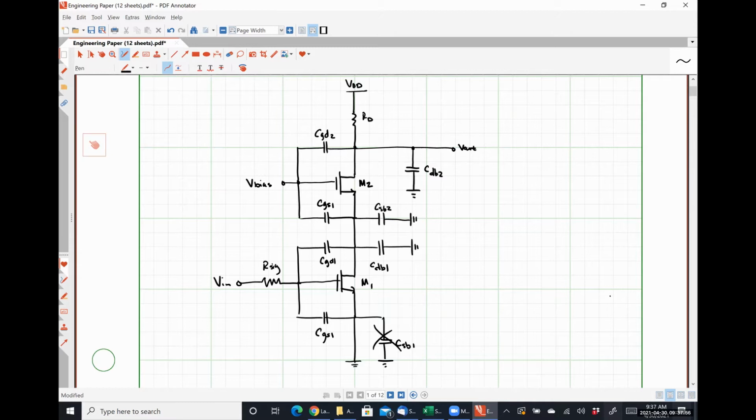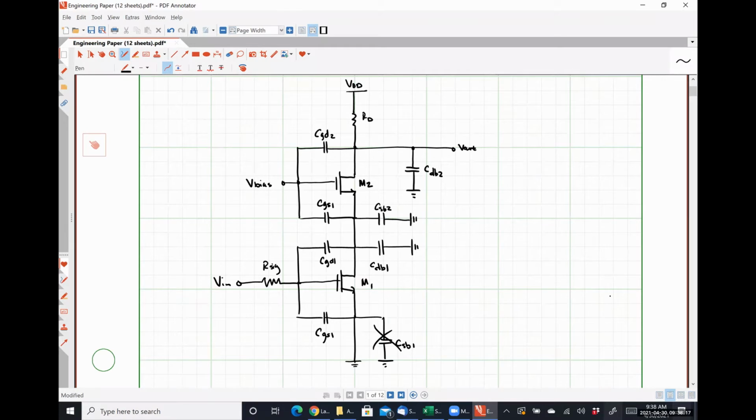CGS2 will be in parallel with CSB2 and CDB1. We have this feedback capacitance CGD1 that's going to make this difficult to deal with directly. And then we have this guy CGS2 is down to ground.